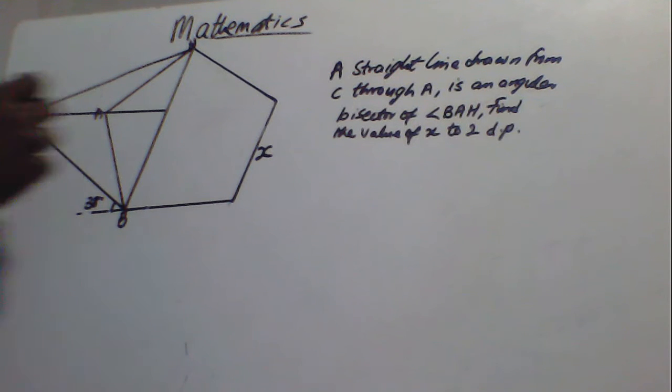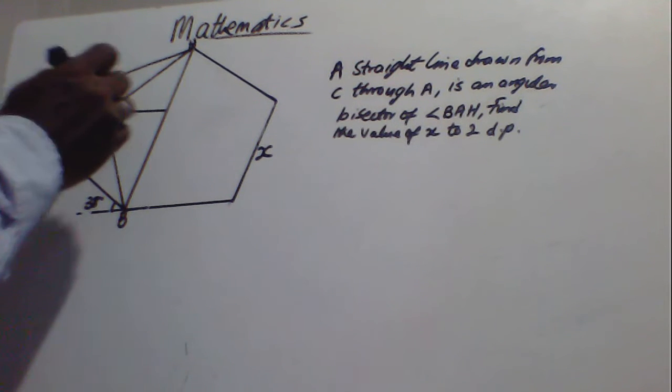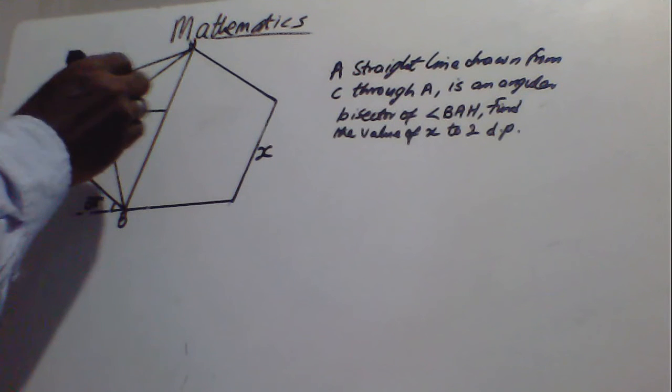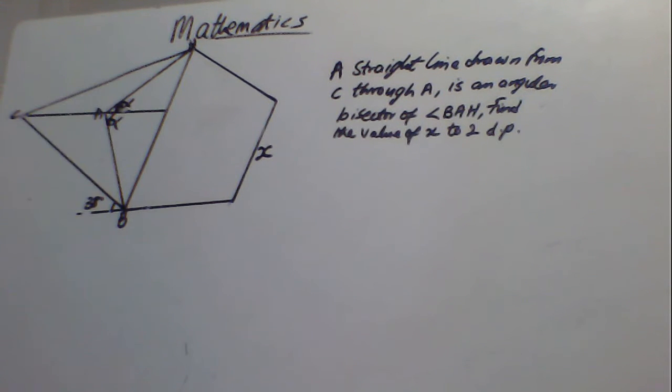A line drawn from C through A is an angular bisector, which means if we say that the angle here is alpha, it must be equal to alpha here.